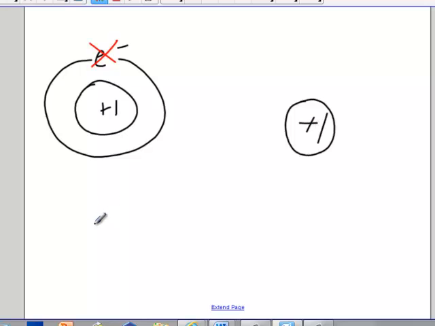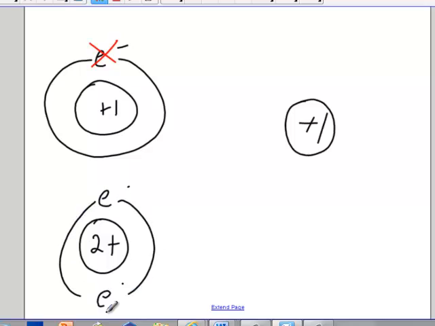If I have an atom with 2 protons and 2 electrons, and both of those electrons go missing, I have a charge of 2+.